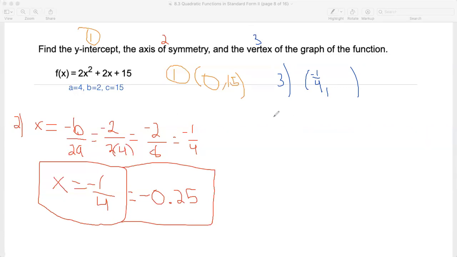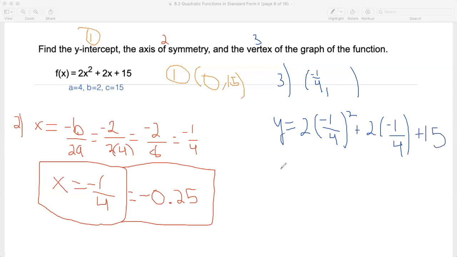This is usually when people are like, what do I do next? Take x, plug it back in. So y equals 2 times negative 1/4 squared plus 2 times negative 1/4 plus 15.